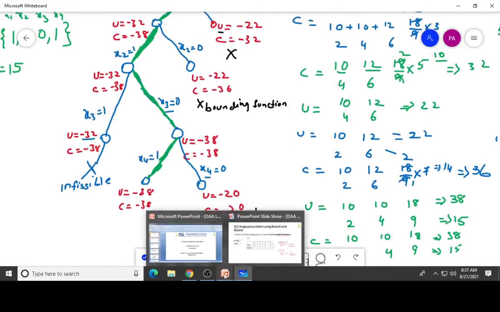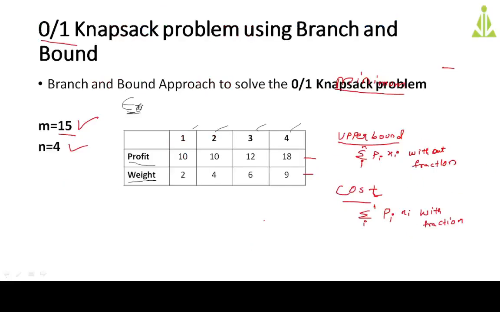The first item I am adding, the second item I am adding, the third item I am not adding, and I am adding the fourth item.